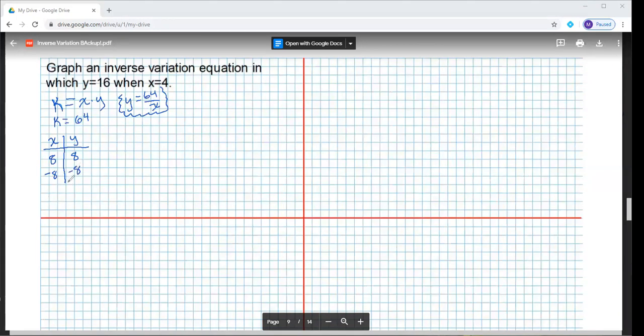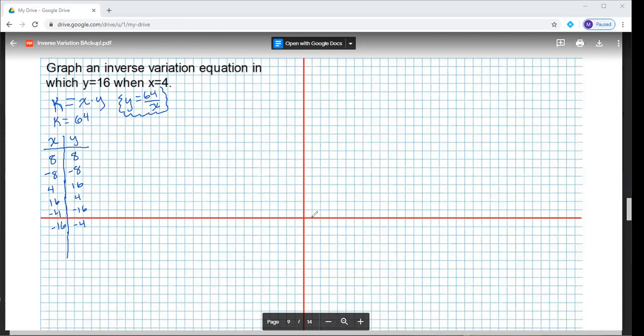We have 4 and 16, and we have 16 and 4, and we have -4 and -16, and we have -16 and -4. Cool. So this might be just enough points to give us the general idea for how to graph this.